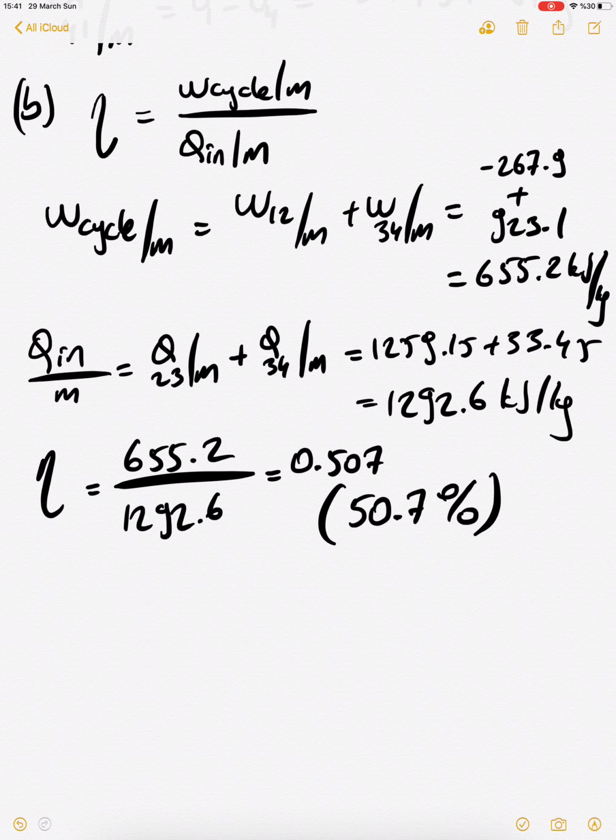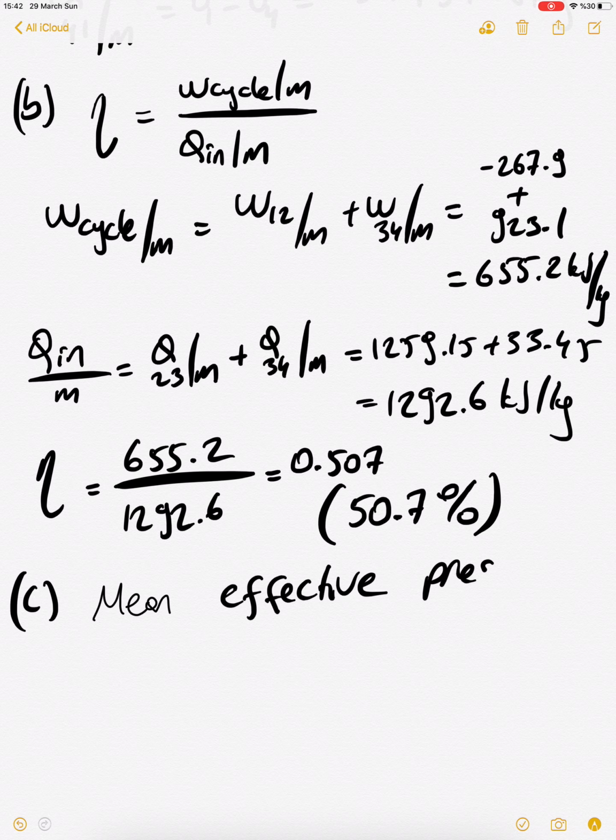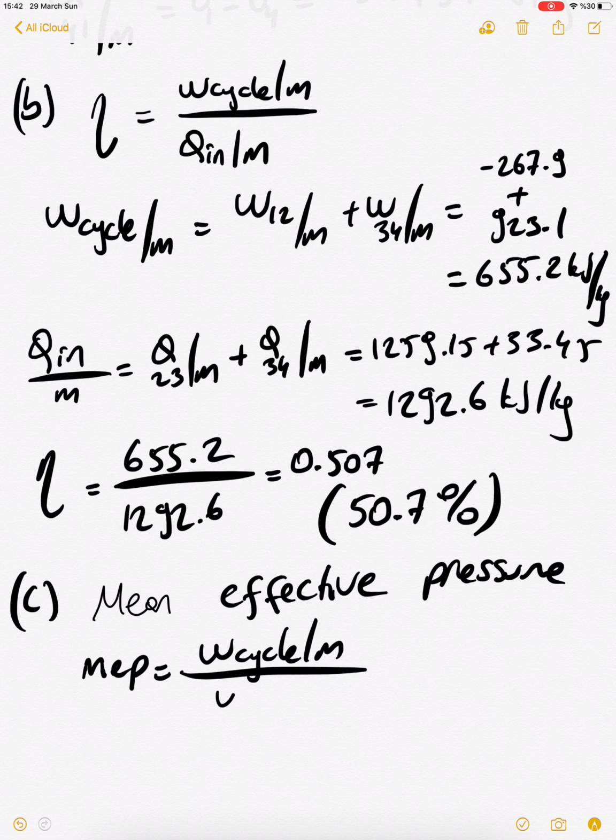This is relatively higher when compared to actual internal combustion engines, but we know this is an idealized cycle, therefore it is expected. So mean effective pressure is calculated. As you know, the mean effective pressure is calculated as the cycle work divided by (V1 minus V2).